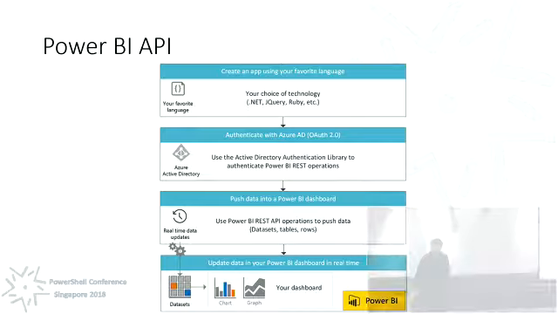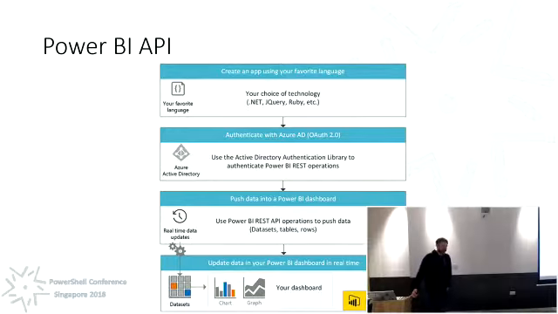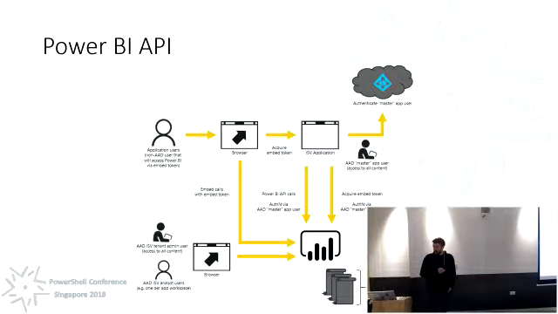Have any of you used Graph API before, for example? Yeah, it uses the same types of commands like get, post, put, or delete. And here you kind of see the flow behind the Graph API.